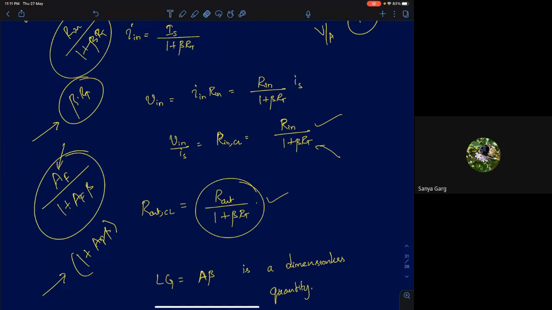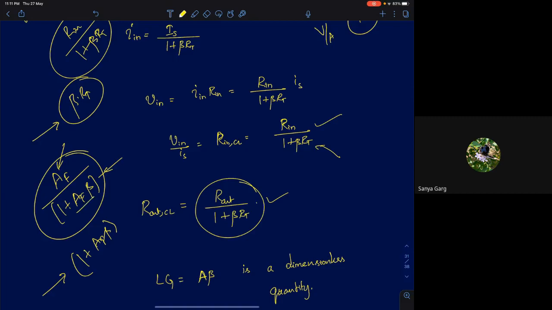If you recall from the first lectures, your DC gain reduces by this factor of 1 plus A beta. Nonlinear distortion reduces by a factor of 1 plus A beta. Bandwidth increases by a factor of 1 plus A beta. And now we are seeing the impedances increase or decrease by the same factor, 1 plus AF beta.